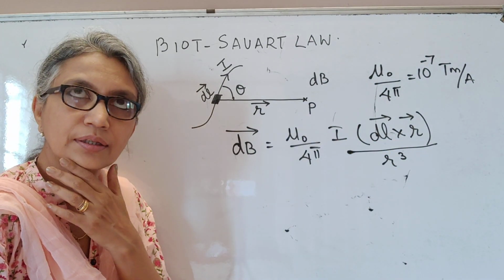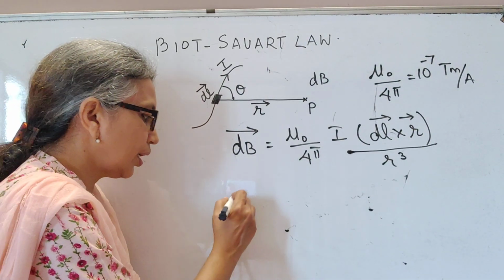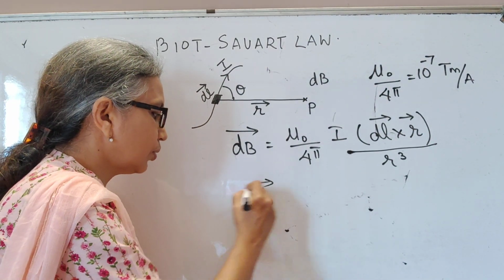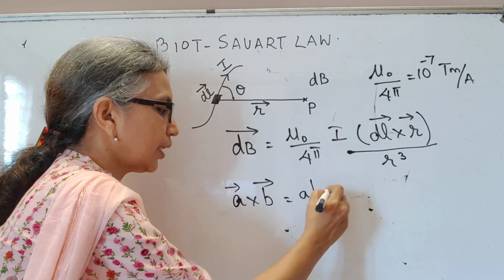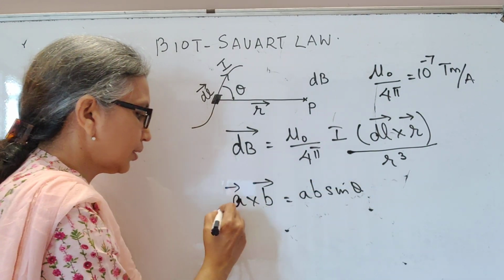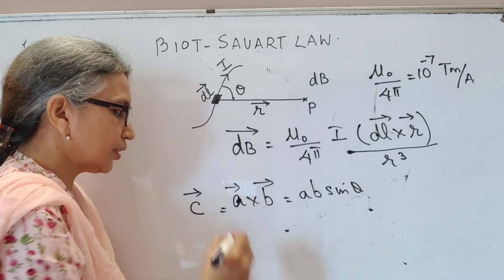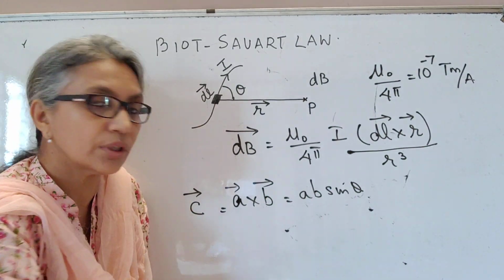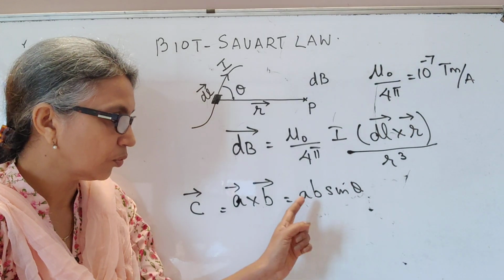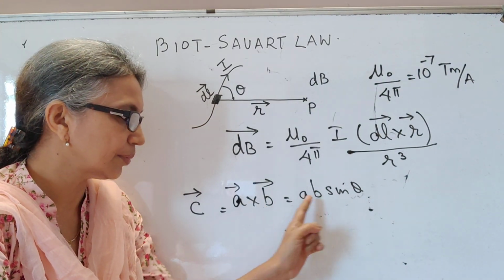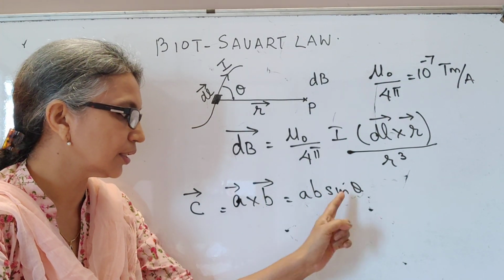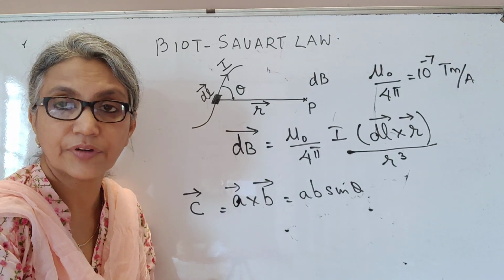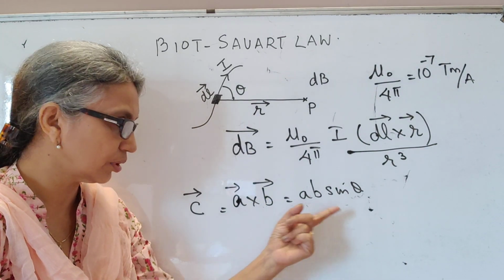Now in 11th standard you learned that A cross B equal to AB sine theta. Let's say the resultant is another vector C. The vector C has a magnitude given by AB sine theta, where A is the magnitude of A, B is the magnitude of B, and theta is the angle between A and B. Resultant vector C has a magnitude given by this.